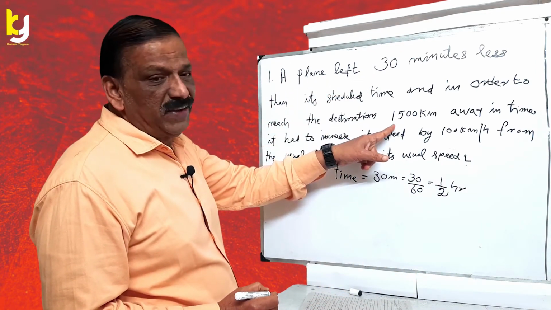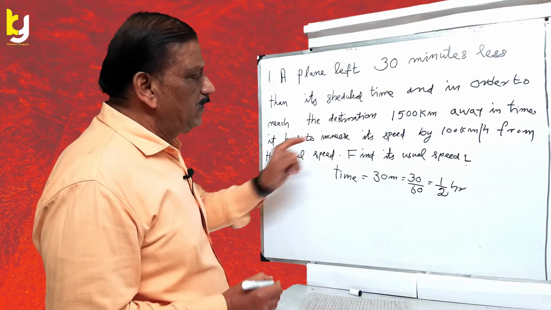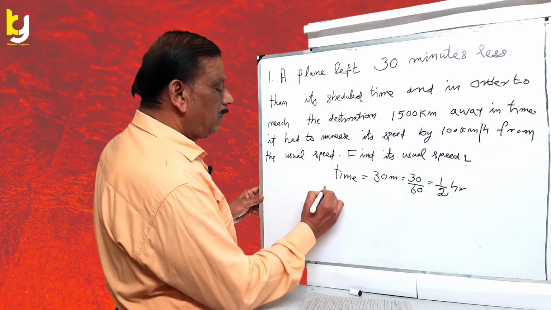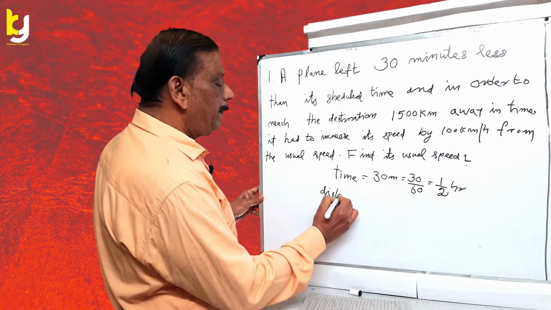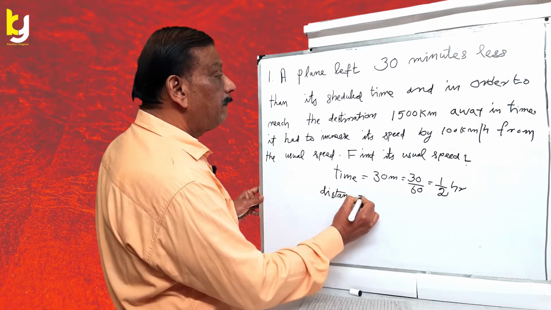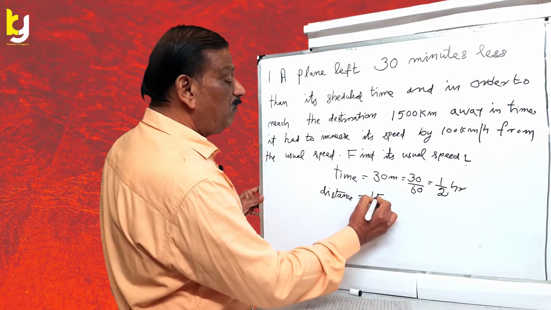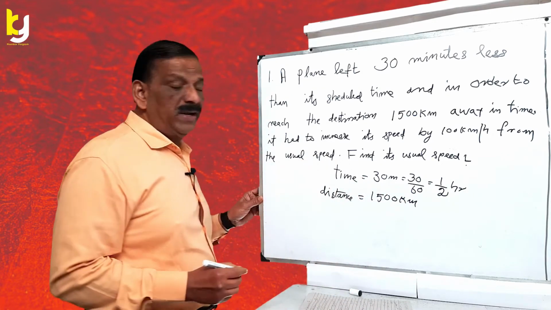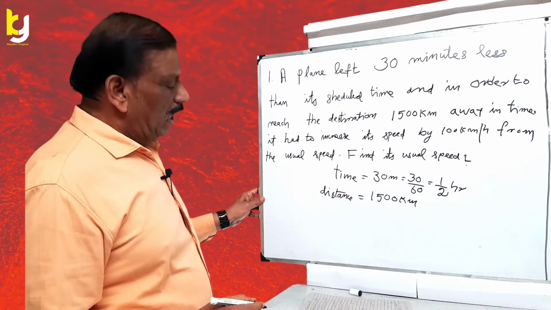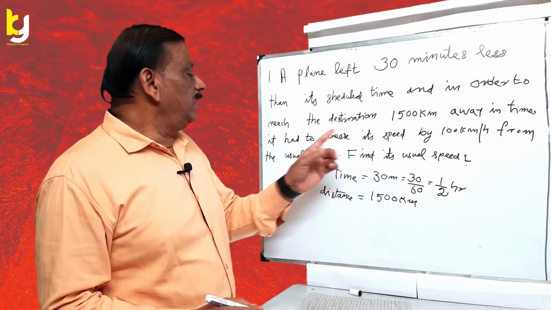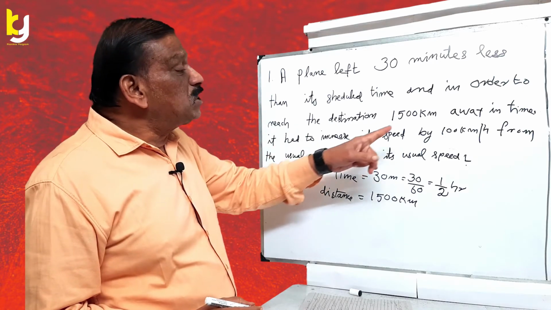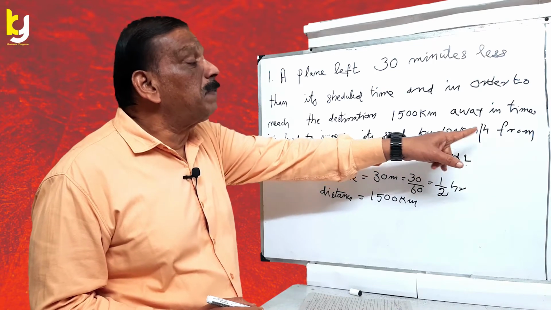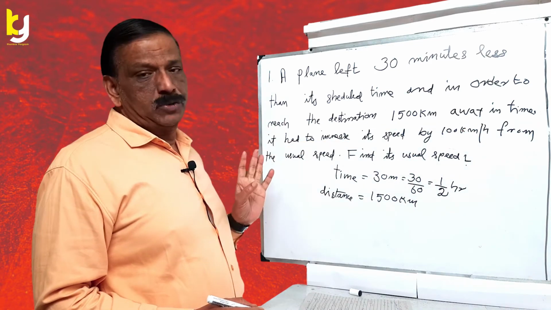Second is distance is given. D, distance, equal 1500 kilometer. Time is given, distance is also given. Then it had to increase its speed by 100 kilometer per hour from the usual speed.